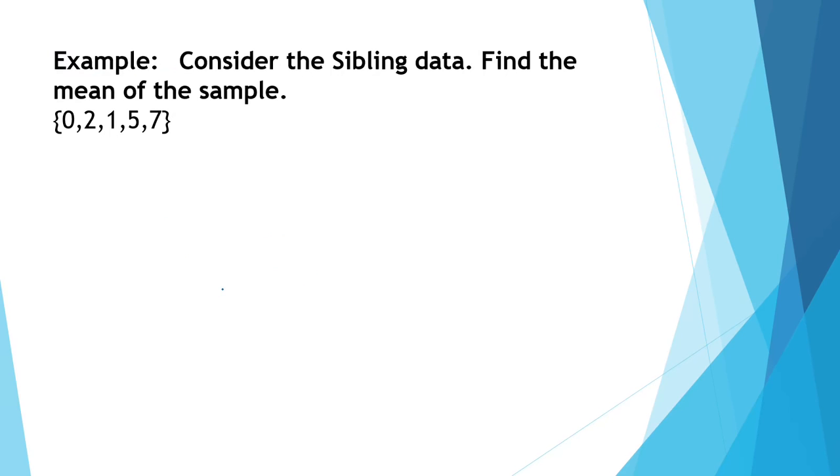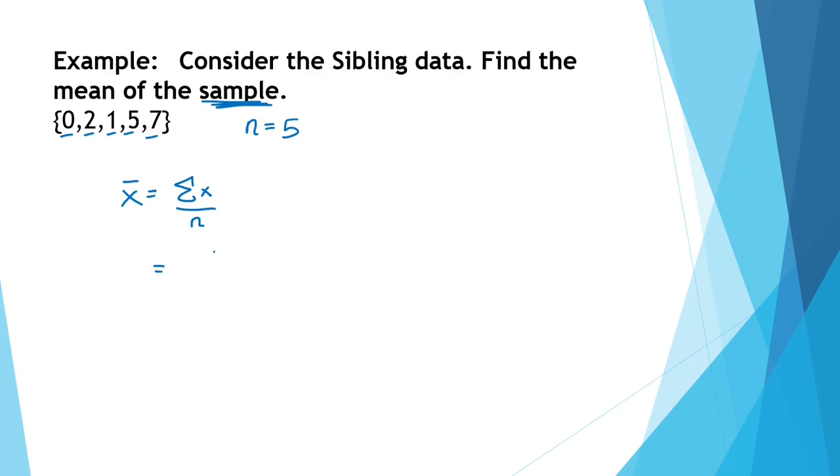Example, consider the sibling data, find the mean of the sample. To find the mean of the sample, we will use x bar is equal to the summation of the x divided by our sample size. In this case, we have 1, 2, 3, 4, 5 individuals surveyed, so the sample size is 5.